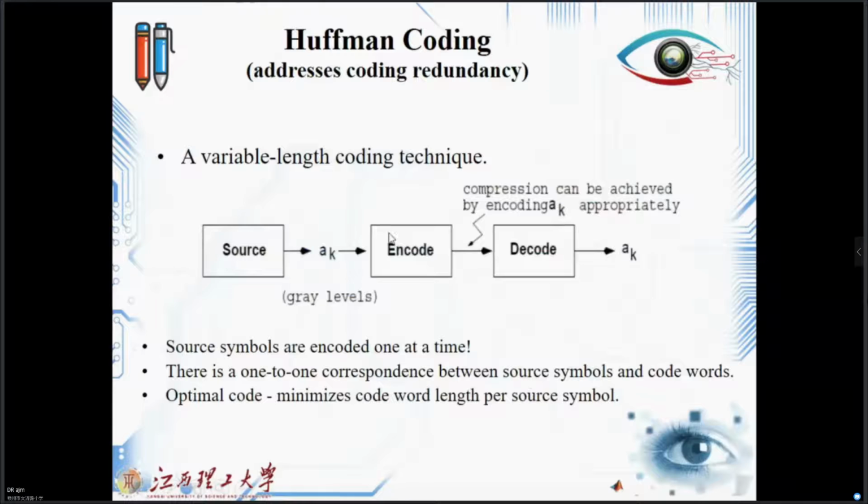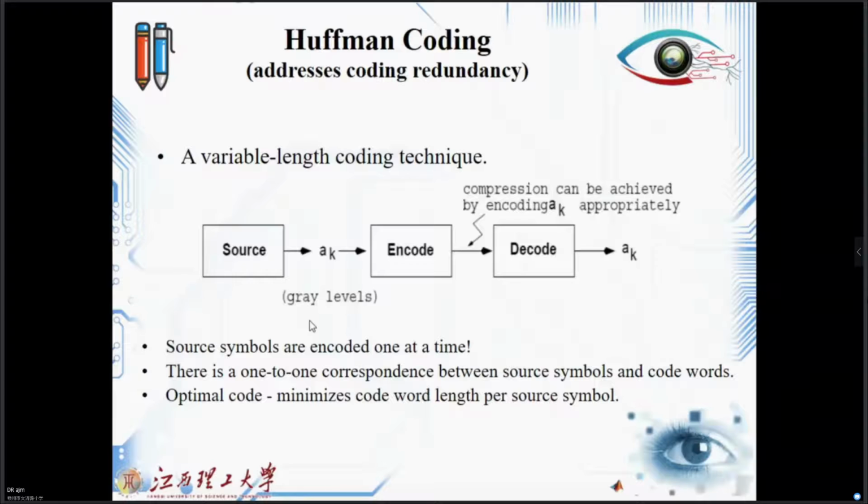First, we'll start with Huffman coding, or coding redundancy, which is a variable length coding technique. It's something like this box, as you can see. In the box, you have a source, which you first convert to gray level, and then you encode it. Compression can be achieved by encoding appropriately, and then you can decode it if you want to unzip, like decompression.